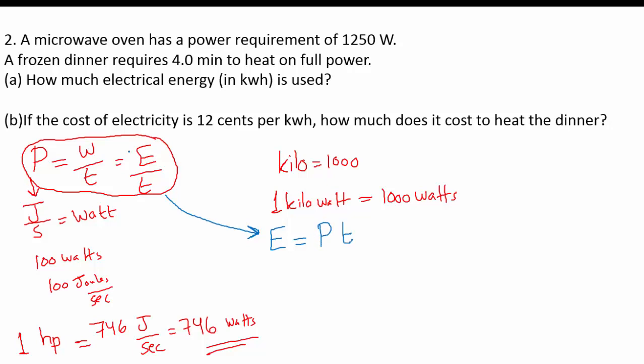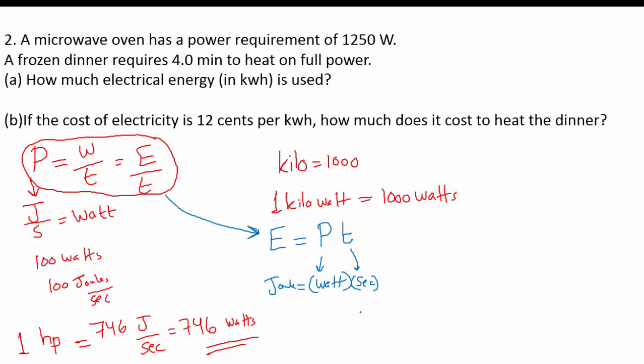Since power is work over time or energy over time, then energy is power times time. Now, if you use watt for power, and if you use second for time, watt times second will give you joule. And joule is not a big unit, it's a small unit.